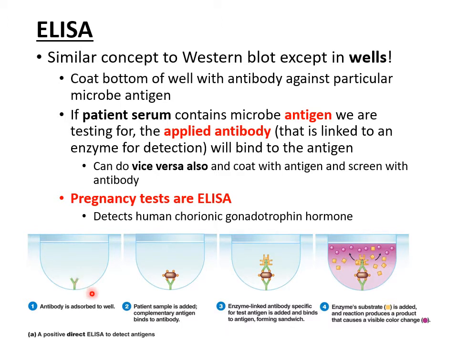You then add the patient's serum, and if they're infected, then they'll have the antigen that sticks to that antibody. You'll then apply another antibody that has detection on it, for instance, color changing detection. And if you see that binding and you get the color change, then you know that that patient is infected.